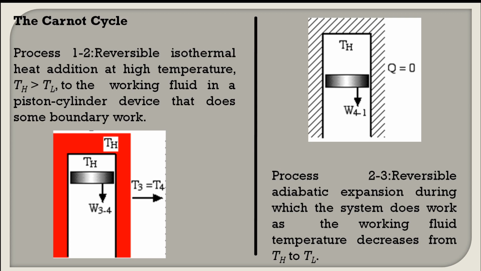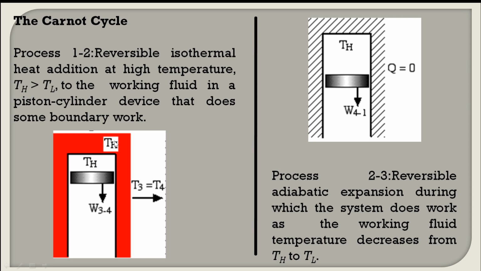Process 1 to 2 is reversible isothermal heat addition at a higher temperature, TH. In that case, the cylinder head will be placed in contact with the source at a temperature TH, so that there is no temperature variation. The heat will be supplied from a high temperature source to the cylinder gas at temperature TH.